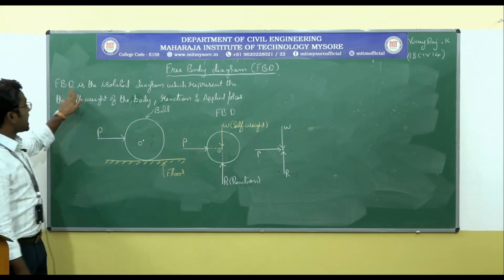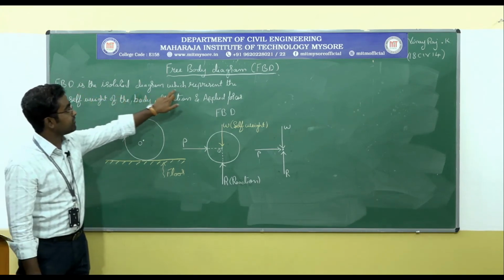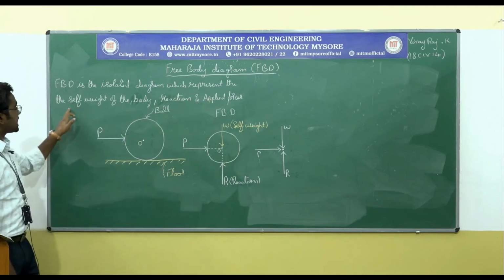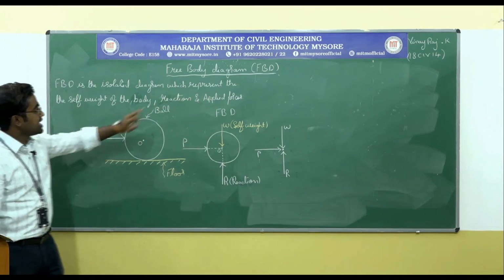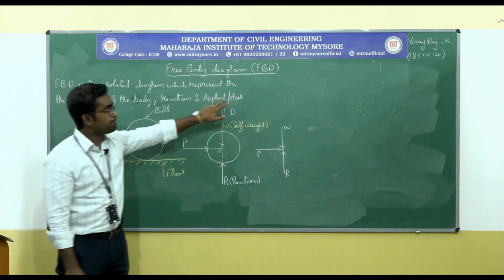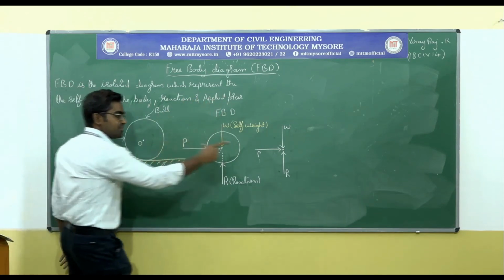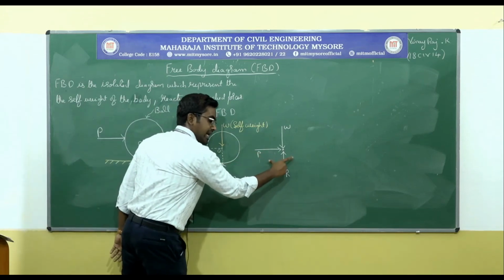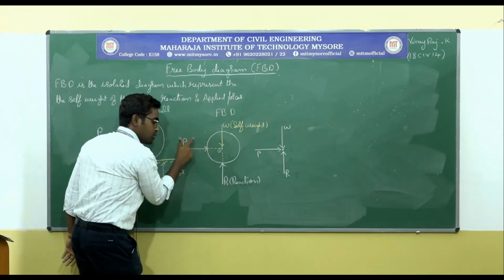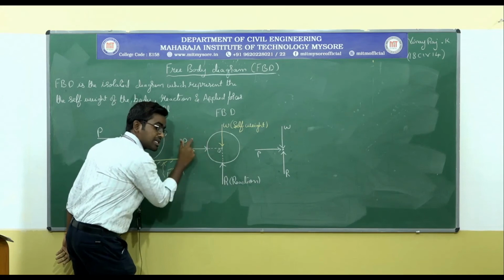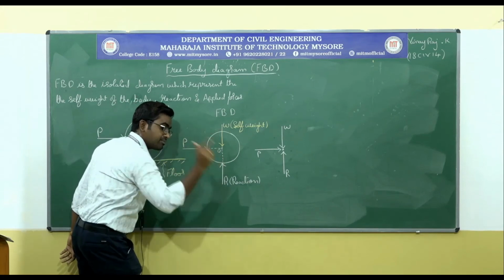See, a free body diagram is the isolated diagram which represents the self weight of the body, reaction, and the applied forces. For this particular system, this is the free body diagram, and always all the forces' line of action should be passing through the center of the body.